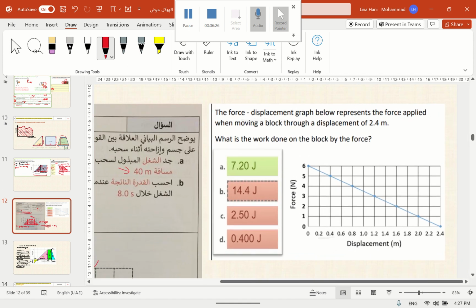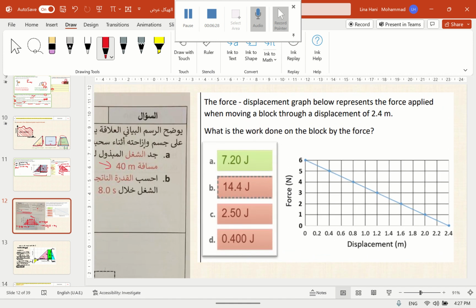Another question here. The force displacement graph shown below represents the force applied when moving a block through a displacement of 2.4 meters. What is the work done on the block by the force? It didn't specify a certain distance, so we are going to find the total area under the curve from 0 all the way to 2.4, the total displacement.